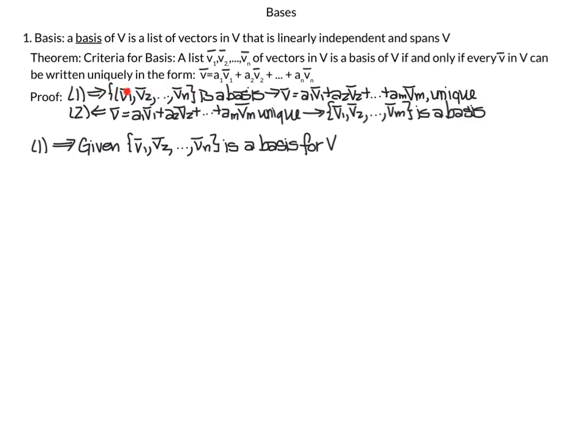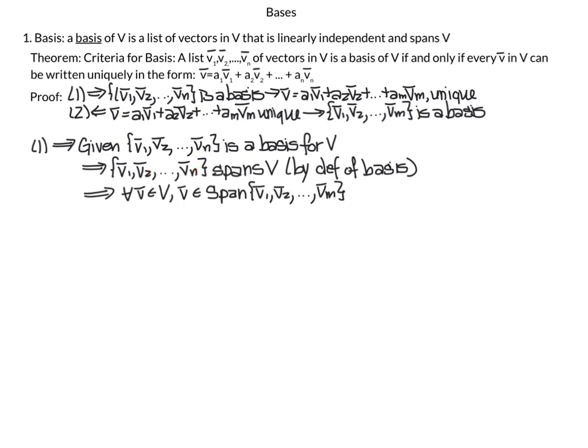We are given that v1, v2 up to vn is a basis for V, and we want to conclude that we have this linear combination representation that is unique. Well, since v1, v2, up to vn is a basis for V, that means v1, v2 up to vn spans V, just by definition of a basis, right? The two things it does: they're linearly independent and they span your space.